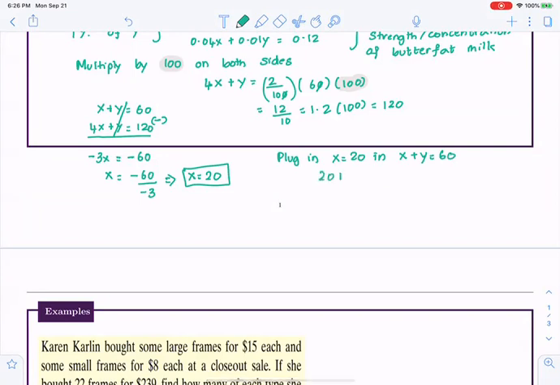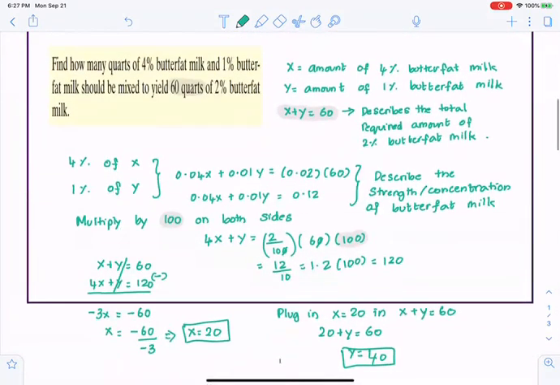So 20 plus y equals 60, which means y is 60 minus 20, which ends up being 40. So in order to get 60 quarts of butterfat milk, we've got to combine 20 quarts of 4% milk and 40 quarts of 1% milk to get that final amount, 60 quarts of 2% milk.